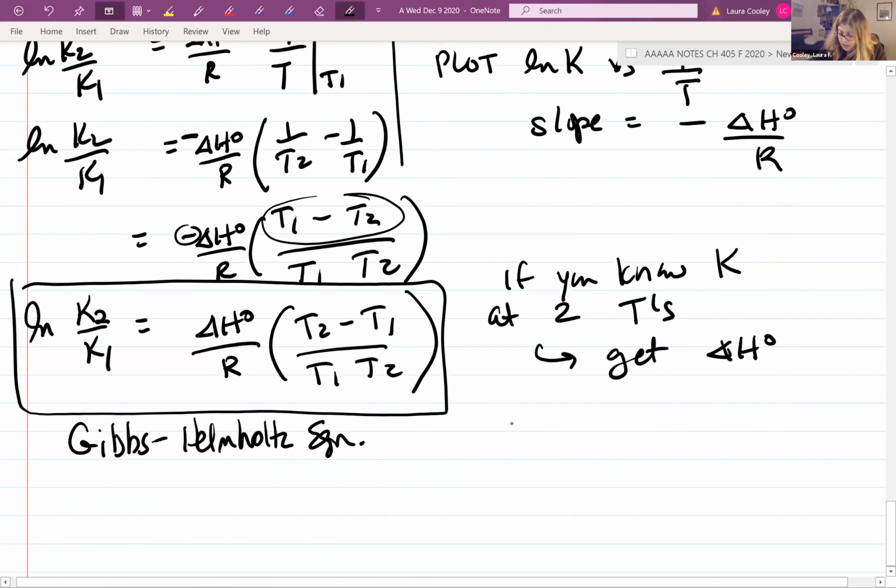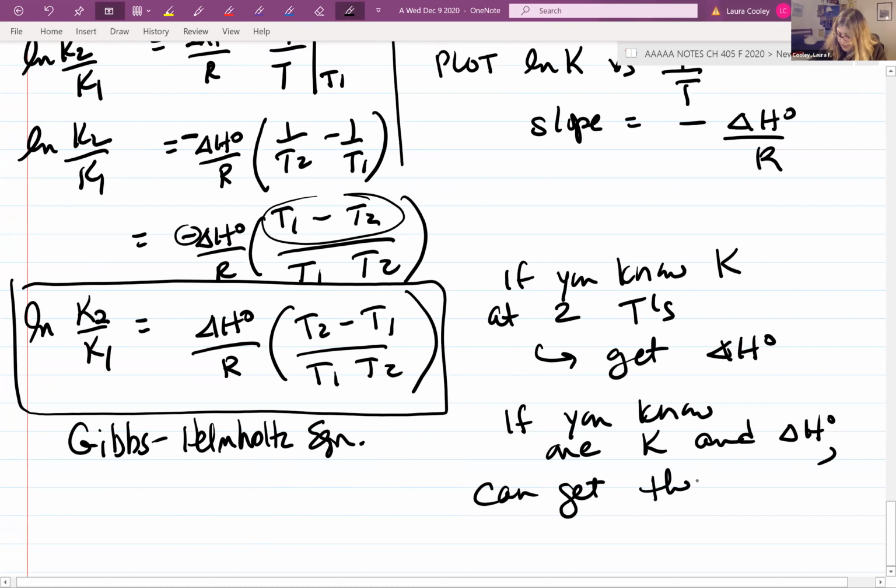But also, if you know K at one temperature and the delta H, you can get K at another temperature.